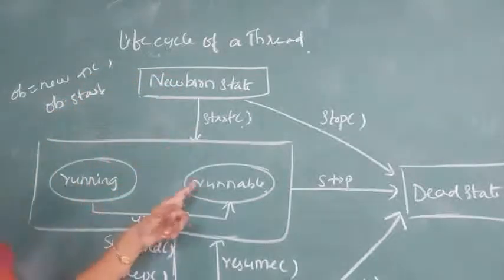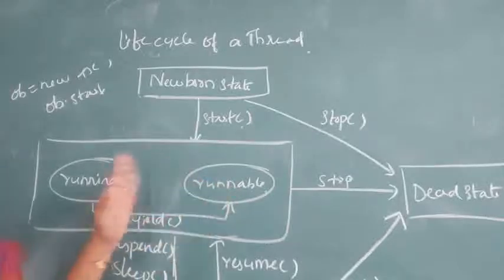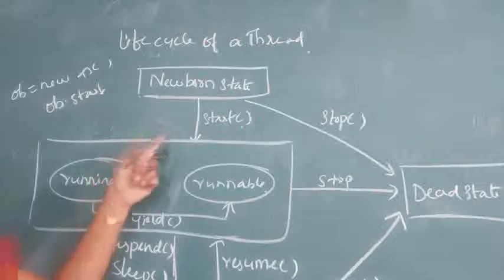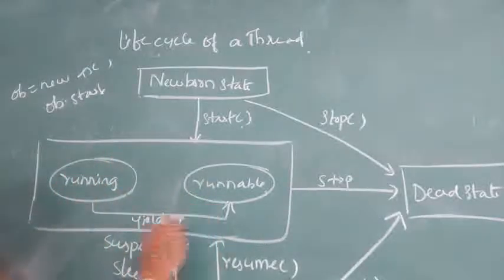Runnable state: the thread is waiting for processor time, but the processor is busy. When the thread gets the processor time and starts its execution, it is in a running state.